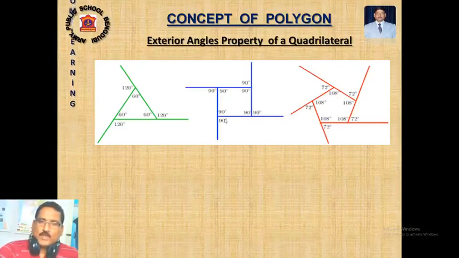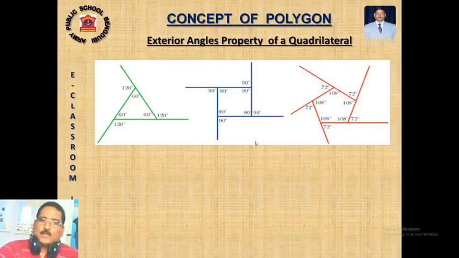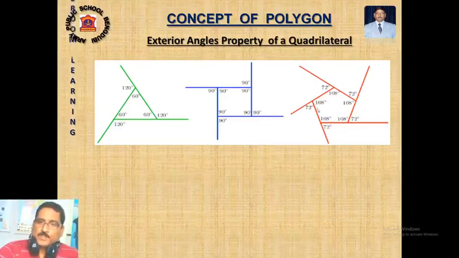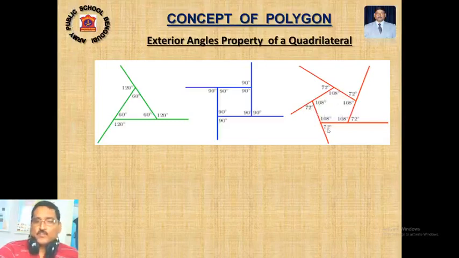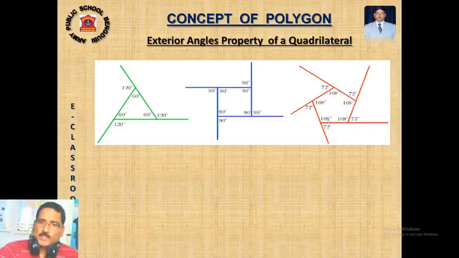In the case of a square, which is also a regular figure, each angle is 90 degrees inside, so outside will also be 90 degrees. If I add all the exterior angles, it will be 360 only. In a regular pentagon, the inside angles are equal and the sides are equal, so the exterior angles will also be equal. Inside and exterior form a linear pair, so the exterior angle will be 180 minus 108, which is 72.